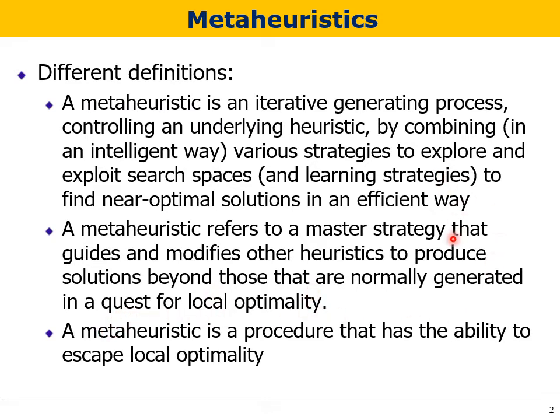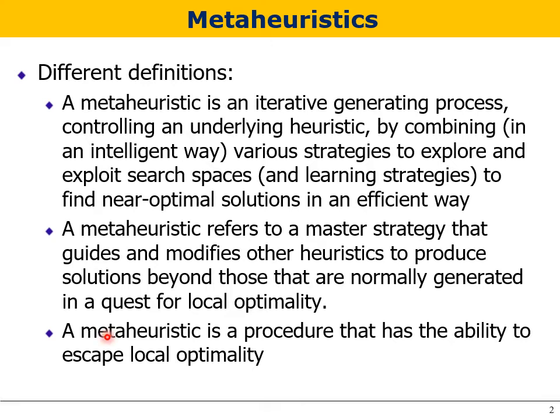Again, you see there is a similarity between these two definitions, both saying that there is an underlying heuristic, and the metaheuristic gives you a strategy to control this heuristic algorithm to search the solution space, find good solutions, and escape from local optima to find the global optimum. But of course, this is also a heuristic algorithm, and a metaheuristic also doesn't have a guarantee of optimality. It may again stop with a local optimum solution.